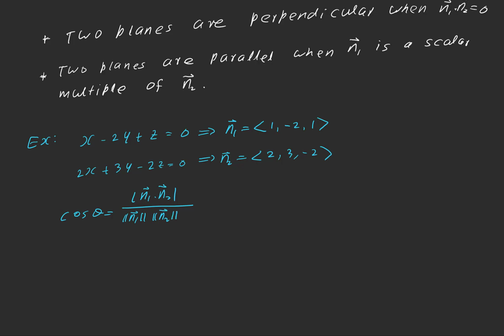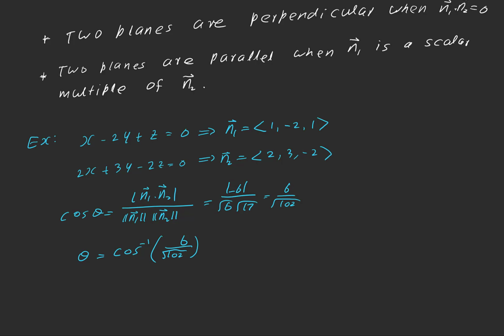So you can find the dot product. That is negative 6, absolute value 6, over square root of 6 times square root of 17. Therefore theta equals cosine inverse of 6 over square root of 102.